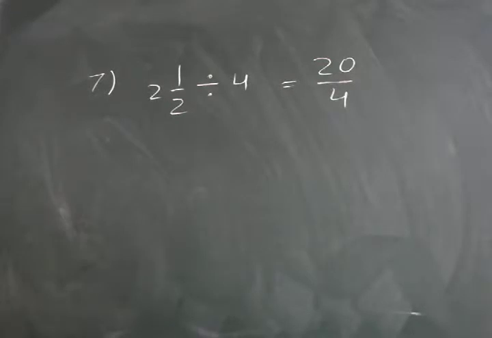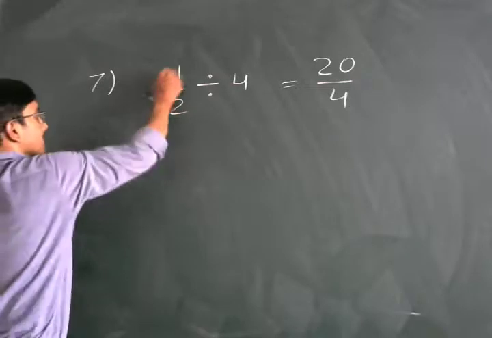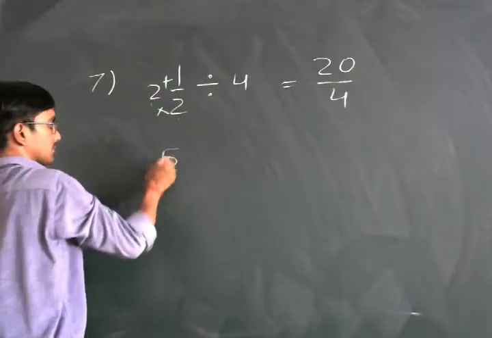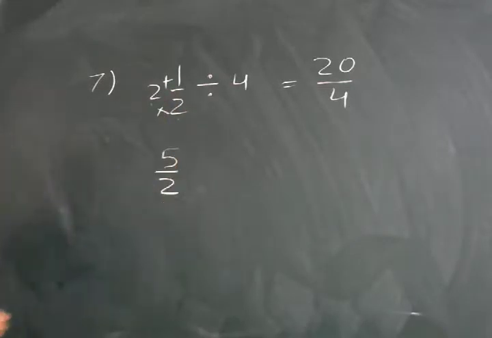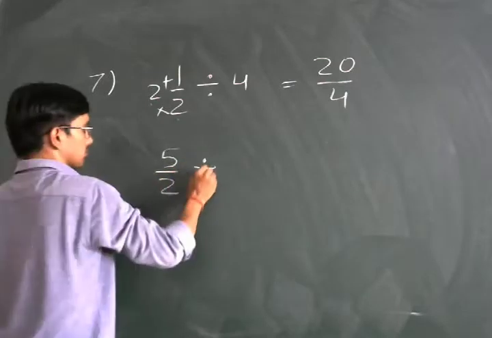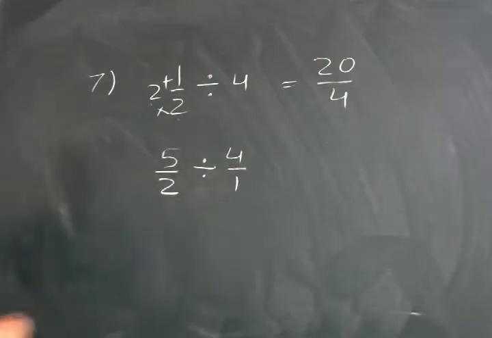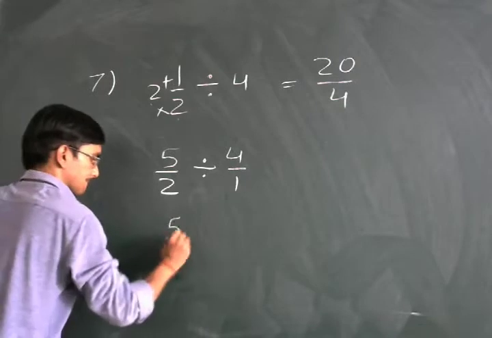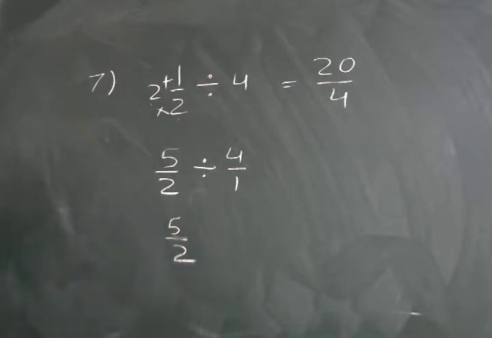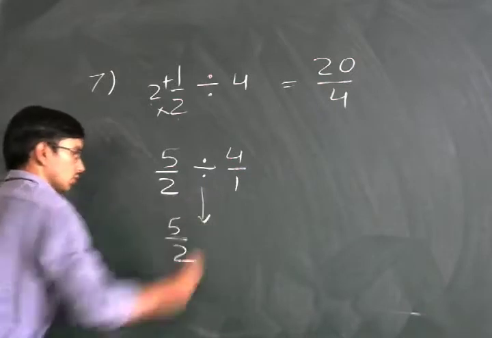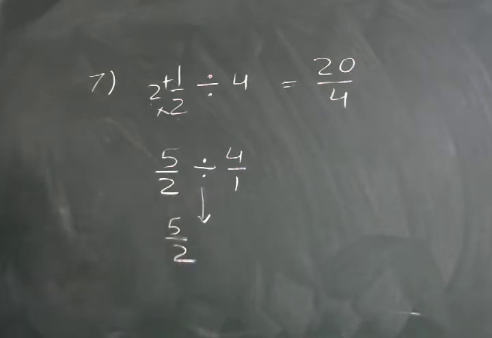What will you do? Sir, we will cross multiply, okay? 5 by 2 divided by 2. Yes. Next step. No, we are dividing it now. What is the opposite of divide?